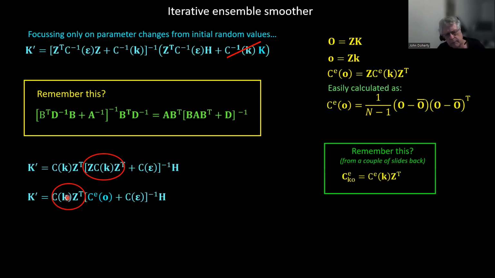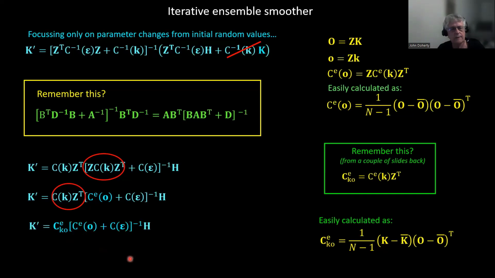See this term here? Well, remember this from a couple of slides back? The covariance between my model outputs and my parameters, since simply that, which is that. Make the substitution after easily calculating C_KO empirically using simple formulas that we've been just showing, just additions, multiplications, and a division.